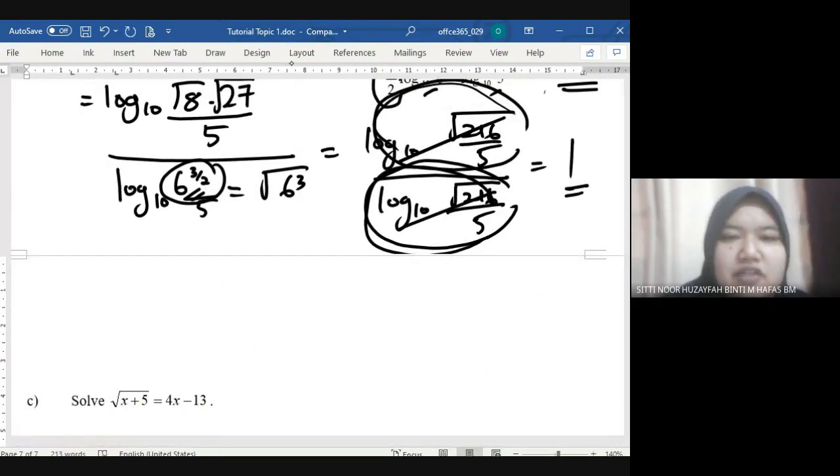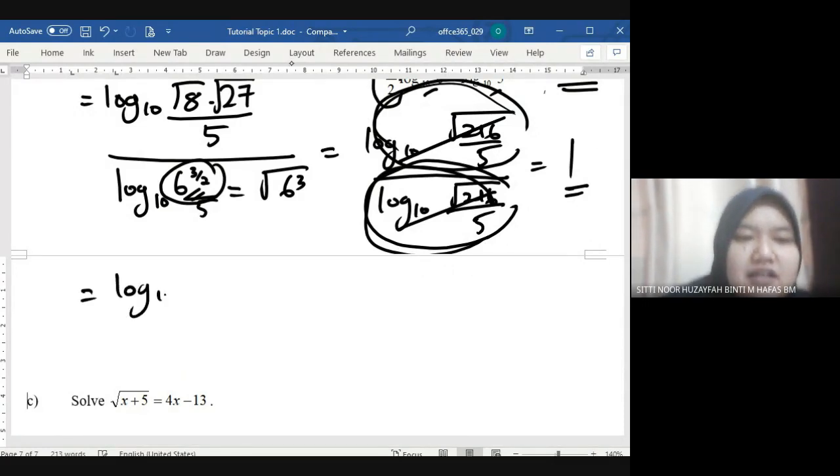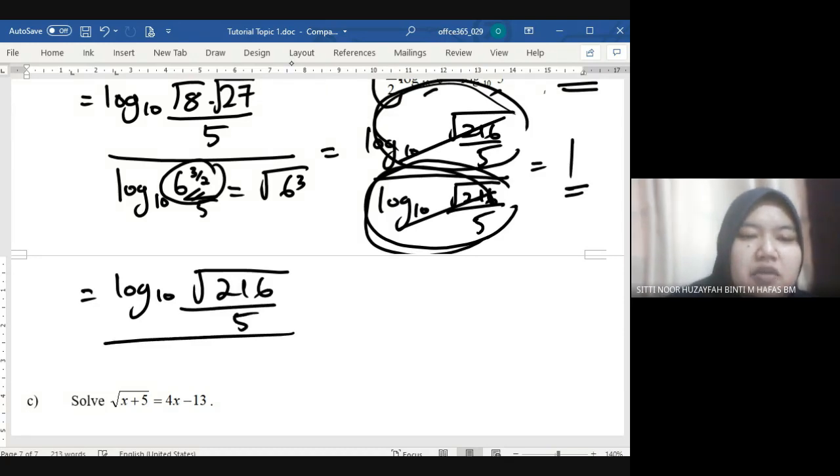Okay, saya tulis balik ya. So this log base 10 of square root of 8 multiplied with square root of 27 can be written as square root of 216 over 5. And then the bottom one also log of base 10, square root of 6 to the power of 3.